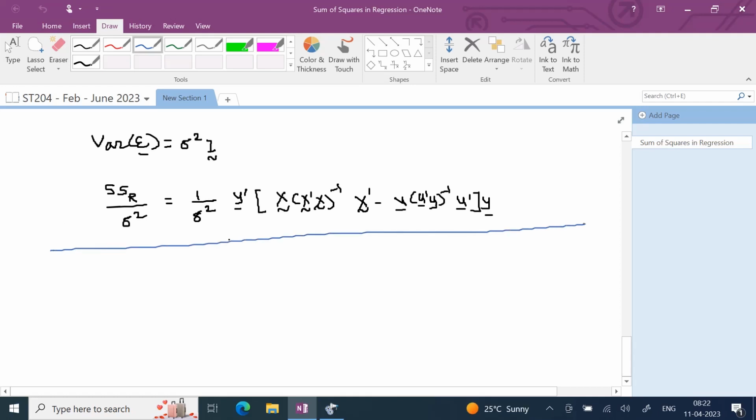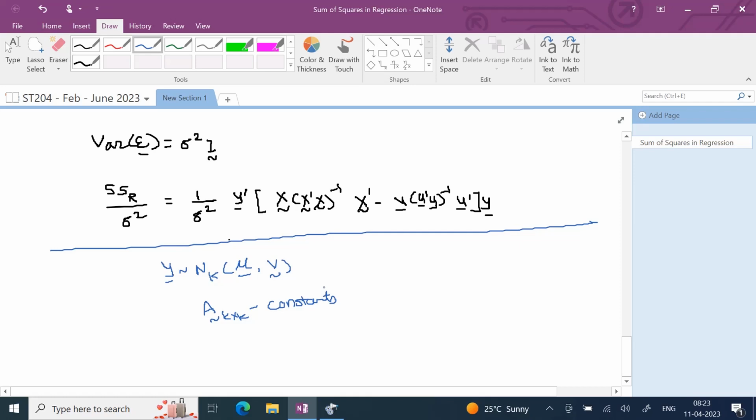We are going to need a result from distribution theory. For that, let me state the basic setup. Suppose Y is a k-variate vector which follows a normal distribution with mean mu and variance-covariance matrix V. So Y is a k-variate normal vector. And suppose A is a k cross k matrix of constants.